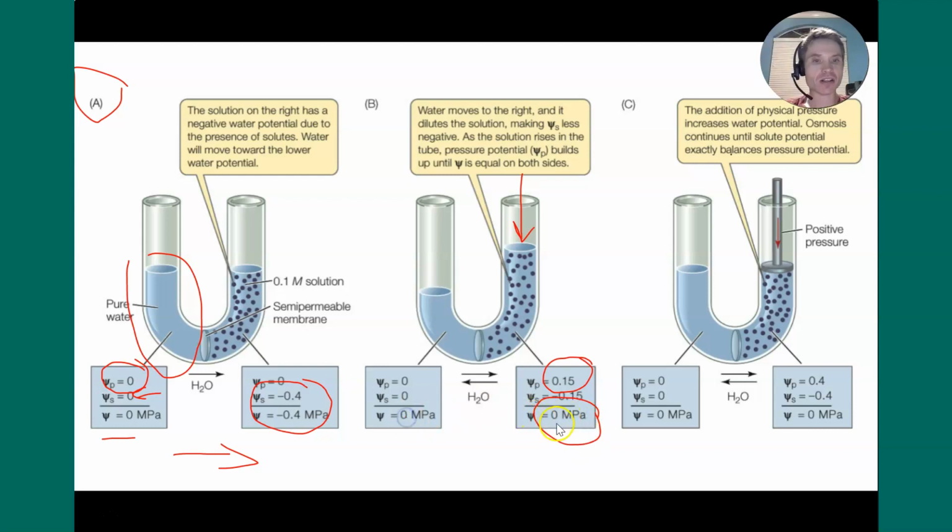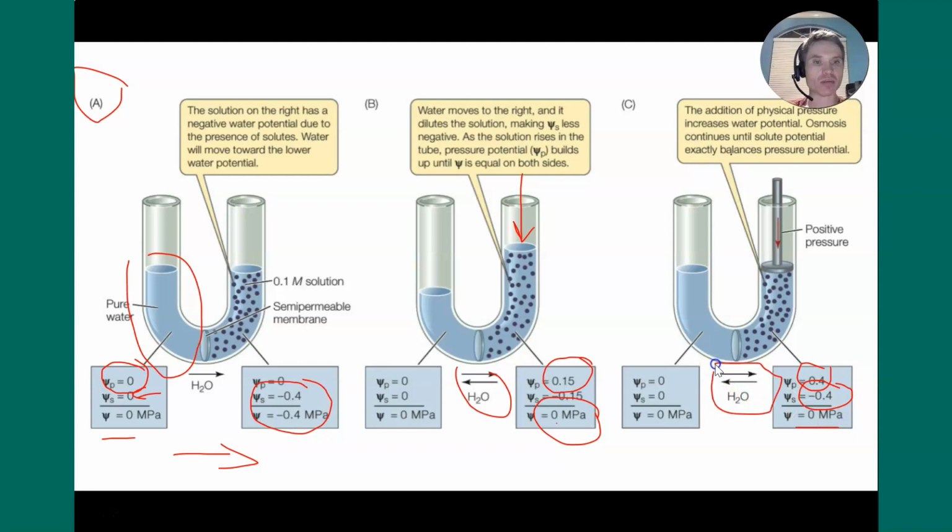The 0 here is equal to the 0 here. Therefore, there is no net movement of water from either the left or the right hand side. Similarly, we have the same situation on this side. This time, we're adding a value of 0.4 and a solute potential of -4.4. We add those together for a value of 0.